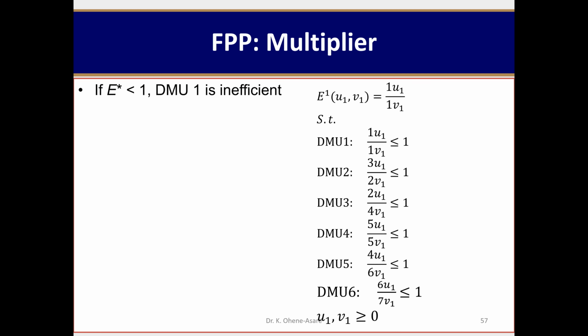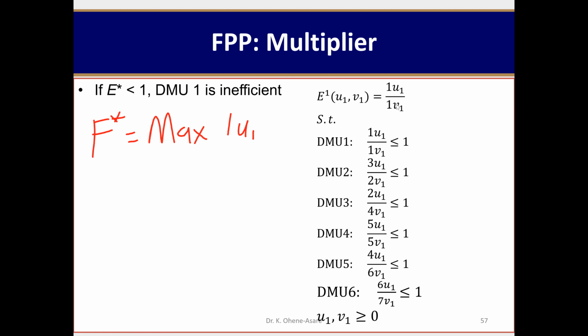Okay. So how do you do that? Well, if you are maximizing the numerator, let's use any letter to represent the numerator. So here we are going to call it F. This F star is going to be maximizing the numerator, and the numerator is 1u1.